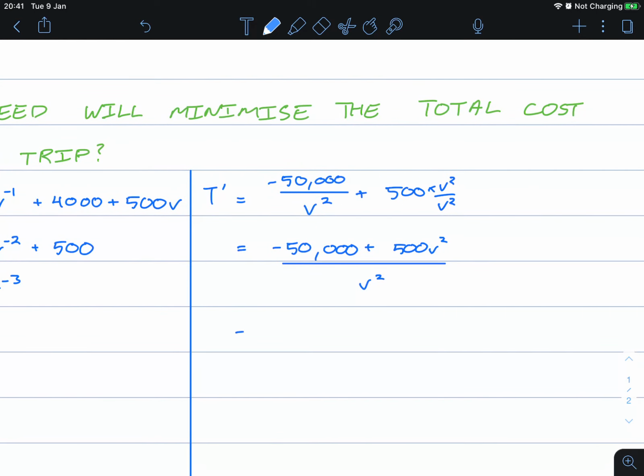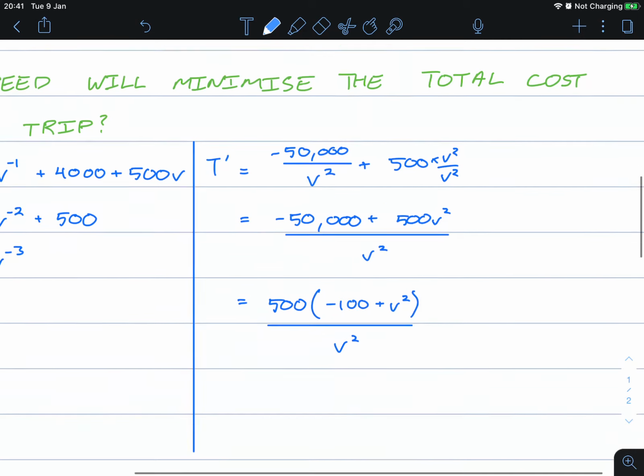Let's factor out 500. So 500 outside of negative 100 plus V squared all over V squared.